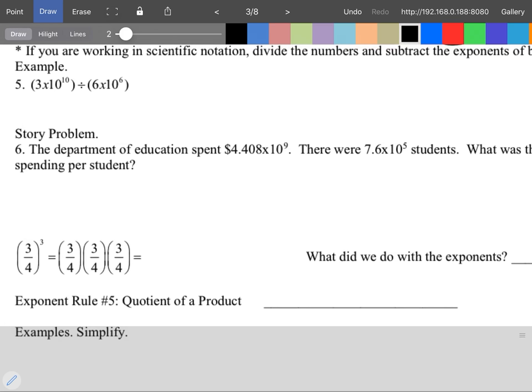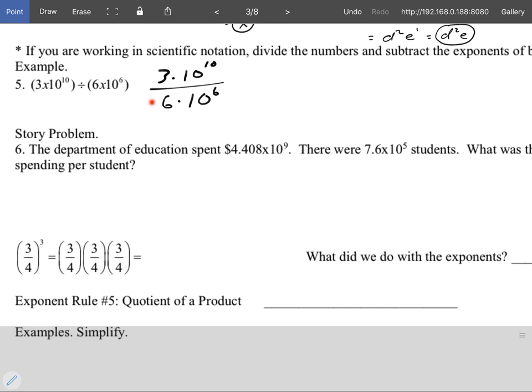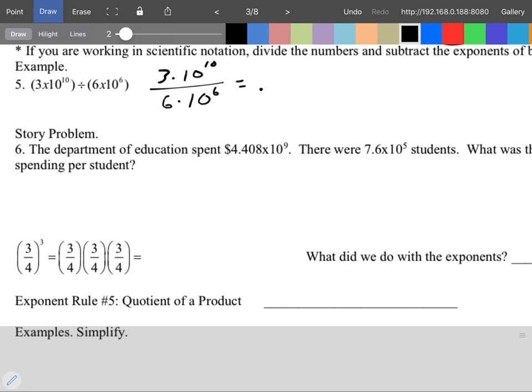What that would look like is 3 times 10 to the 10th over 6 times 10 to the 6th. Okay, so what you do there is you just divide the numbers. So you do 3 divided by 6. That's going to be 1/2 or 0.5.